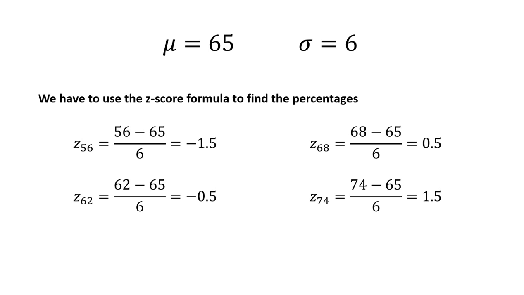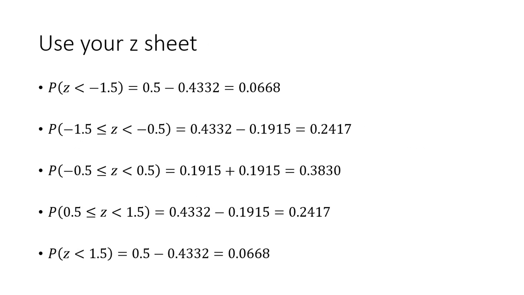We use those numbers and go back to our sheet. We want to find the percent that falls within each category. These are already calculated. So negative 1.5 is 0.432.